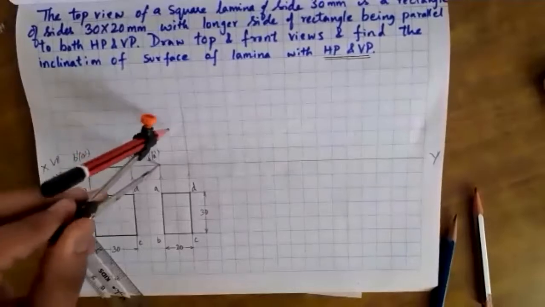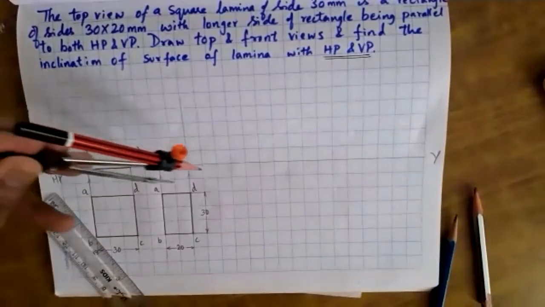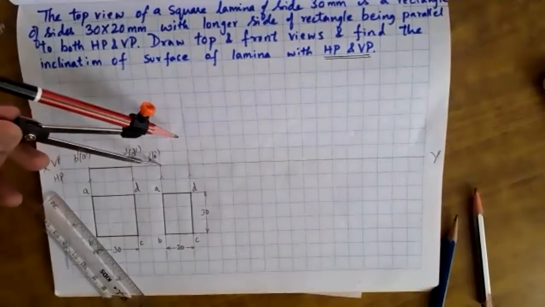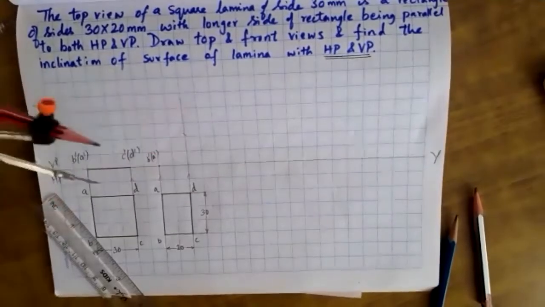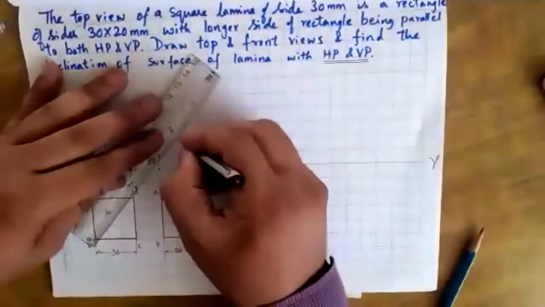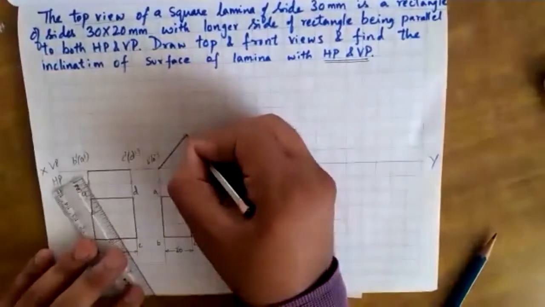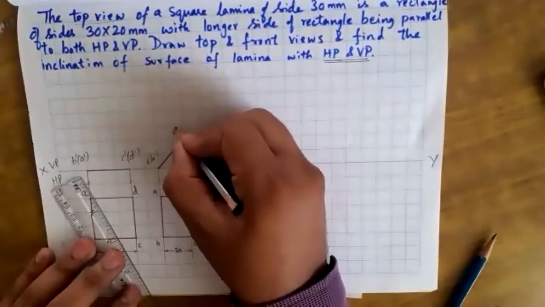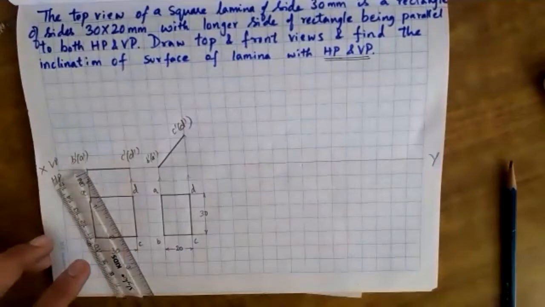From the same front view length measured here, B dash of A dash to C dash of D dash, with B dash of A dash as center in the second front view, I'll draw an arc on this DC line so that I'll get the new front view at some angle which I don't know. This will be C dash of D dash, the front view.